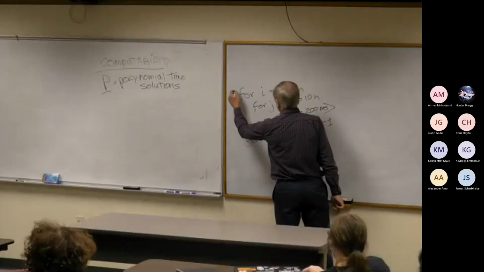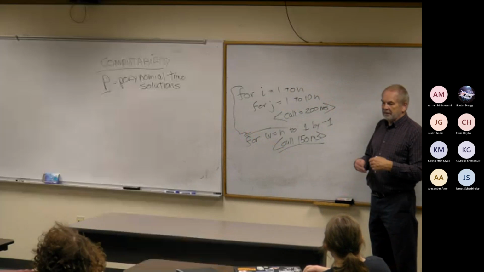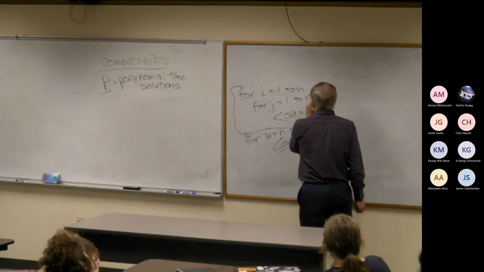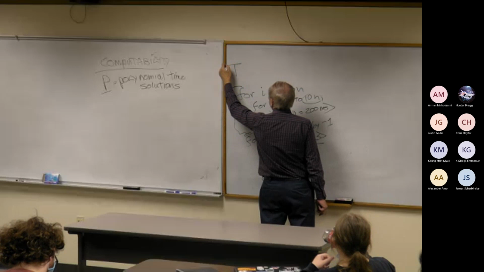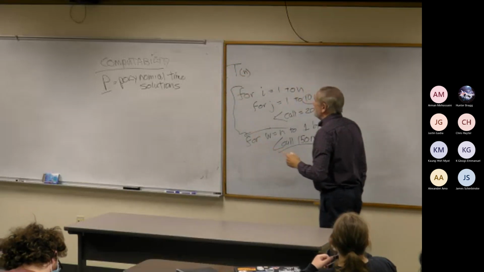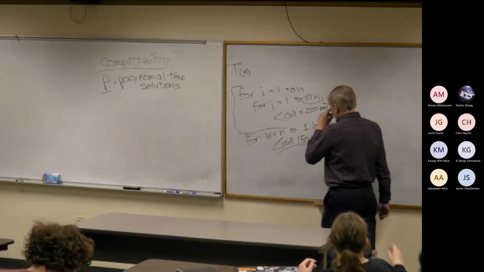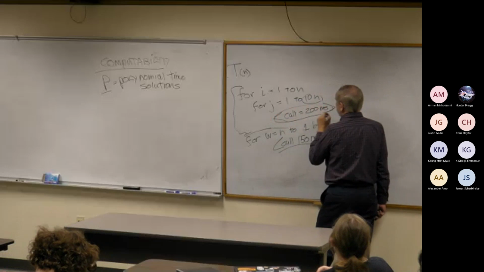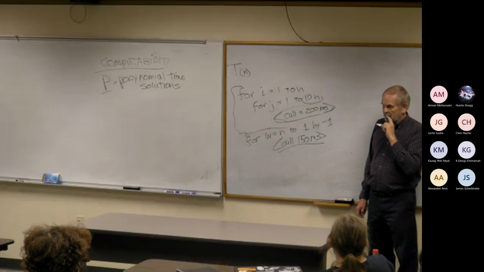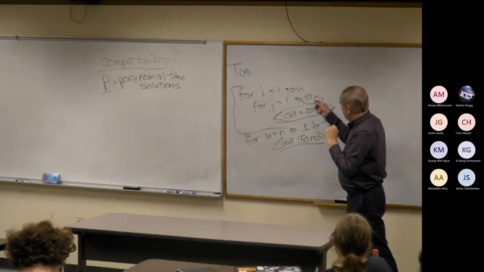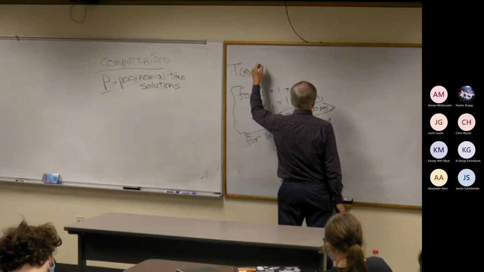And recalling that two nested loops inside of each other have a multiplicative effect. We look at this, so the time in terms of n might look like what? Well, how many times is this going to get called total? n squared.